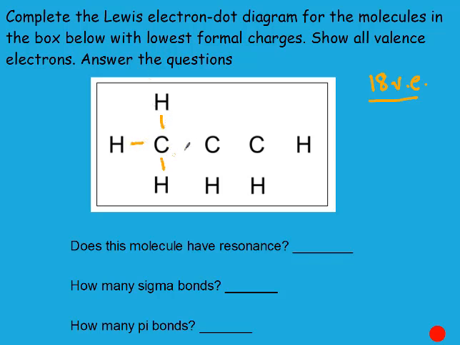So 2, 4, 6, 8, 10, 12, 14, 16. I have 2 electrons left. All the hydrogens are satisfied. This carbon has 8, this carbon has 6, and this carbon has 6. Well, I only have 2, so I would add lone pairs, but I would need 4 to do so.